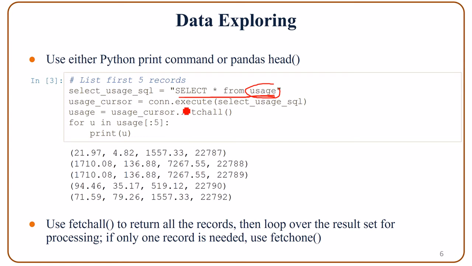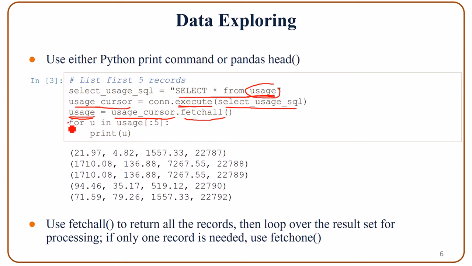And then use the execute method of the connection to execute that SQL statement to get the cursor, and from the cursor call fetchall if we want to get all the records, or fetchone if we want to get only one record. And the data is then stored in users.